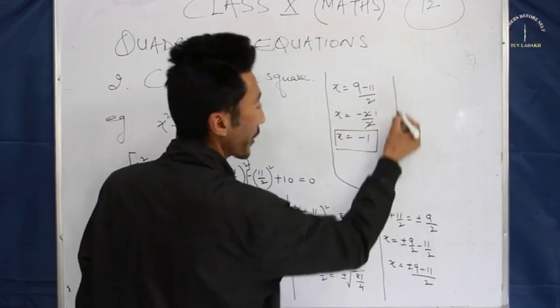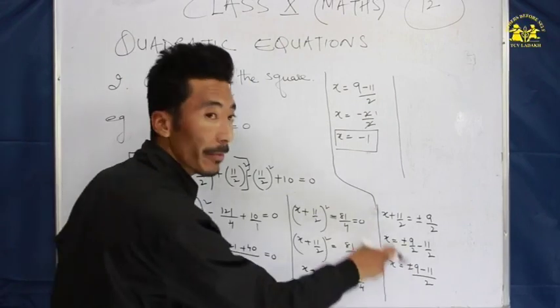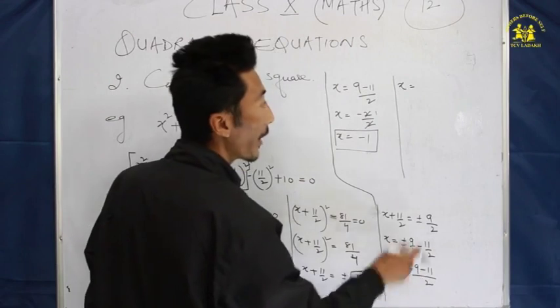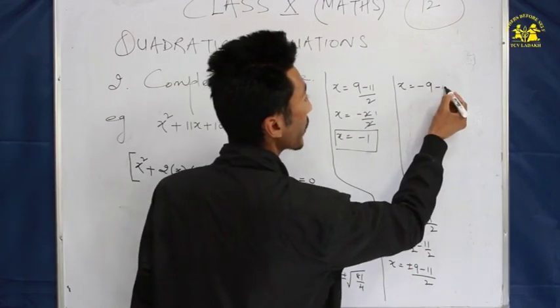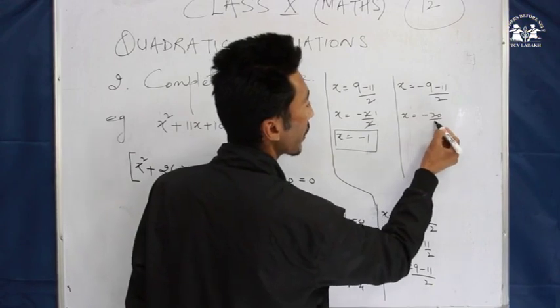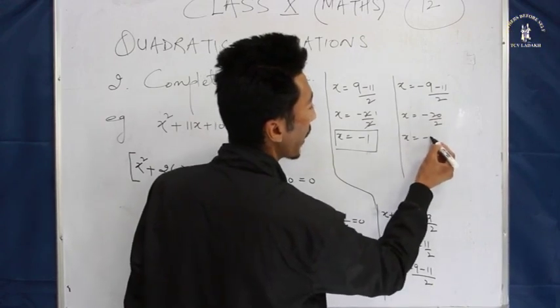For the negative 9 case, negative 9 minus 11 divided by 2, x equals minus 20 divided by 2, and cancelling down, x equals minus 10.